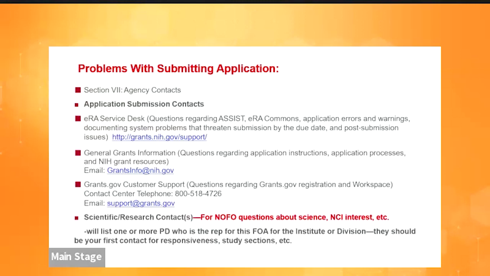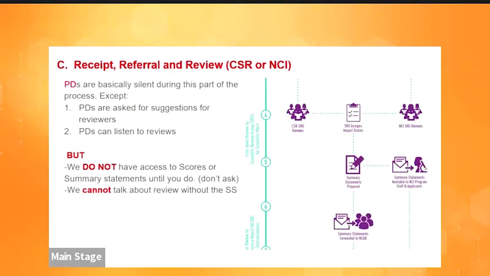So they are the experts on each one of these NOFOs. They know exactly what they're looking for and where the points of interest that the organization has. So go to them and ask them the question, is this reasonable for my application? You know, what are they really interested in? Reach out to them first before you reach out to me.